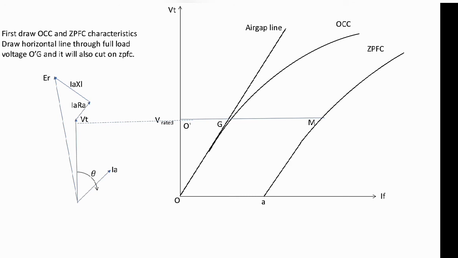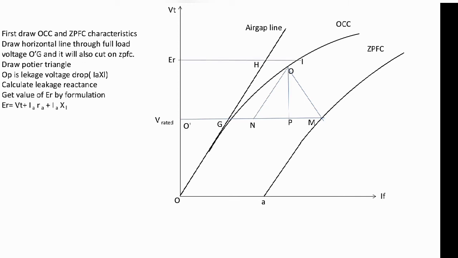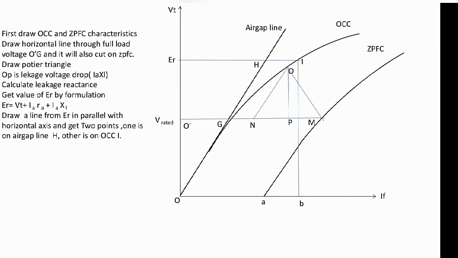Through the short circuit test we get the point A, and M is obtained through the phasor diagram. Then this way we get the Potier triangle OPM. Then we calculate the leakage reactance, and through leakage reactance we calculate Er, the air gap EMF. Then through the air gap EMF we get the two points H and I. H is on the air gap line and I is on the OCC.